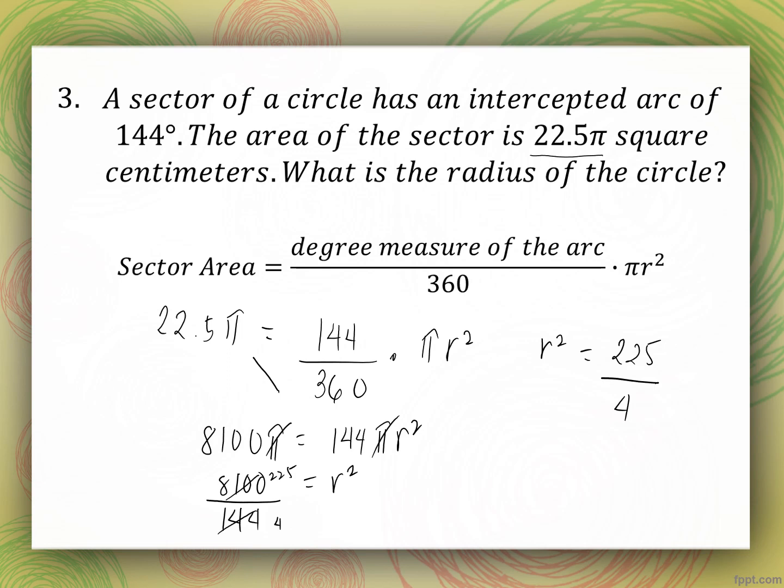Now to get the value of r, let's get the square root of both sides of our equation. So we can cancel out this, and we will only have an r. So square root of 225 is 15, and then square root of 4 is 2. So our radius is 15 over 2, or 7.5 centimeter.